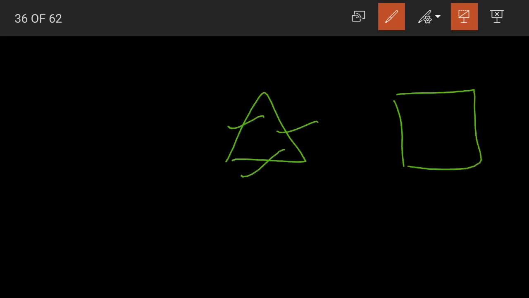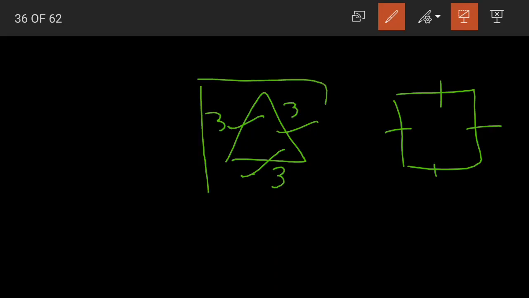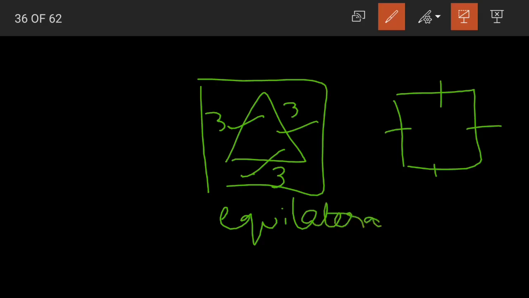In a square, we have all four sides equal. Yes or no? So in the same way, in a triangle, when the lengths of all three sides are equal, suppose this is 3 centimeters, 3 centimeters and 3 centimeters, such a triangle is called an equilateral triangle. Understood?